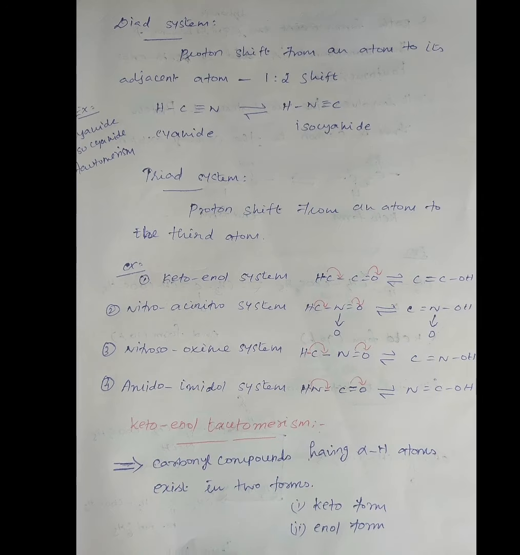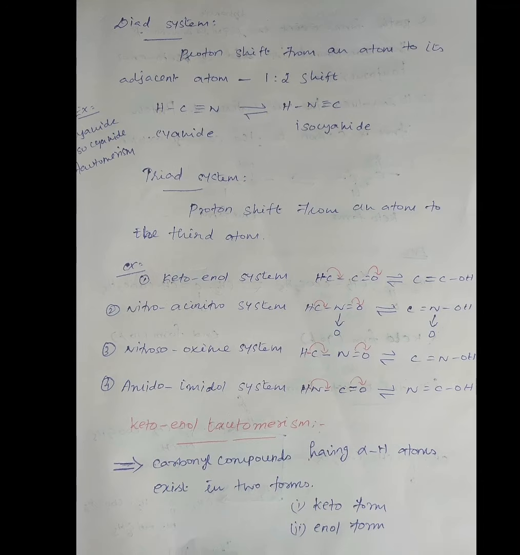So the proton from the first carbon is shifted to oxygen, and the position of oxygen is 3. So this is the 1-3 shift. The atom shifts from the first atom to the third atom, so this is the triad system.